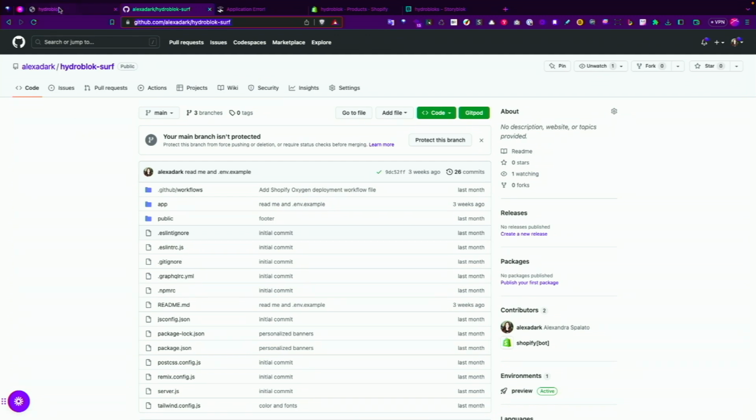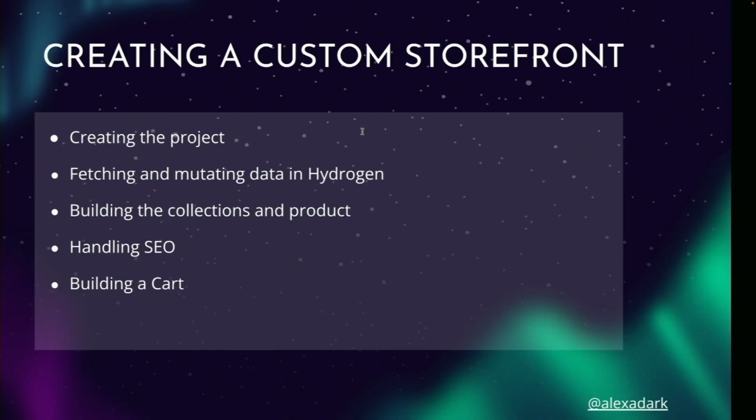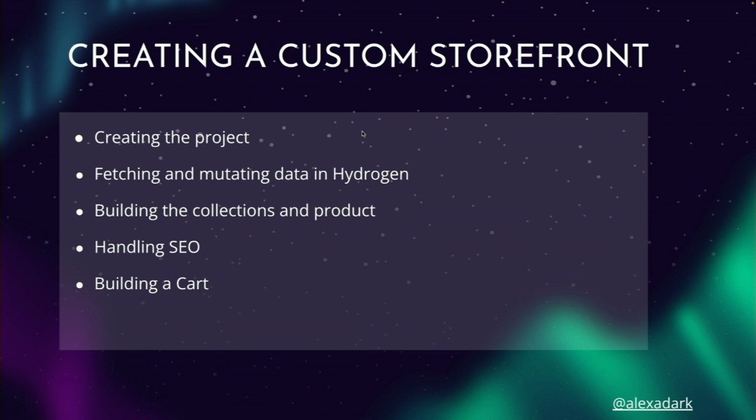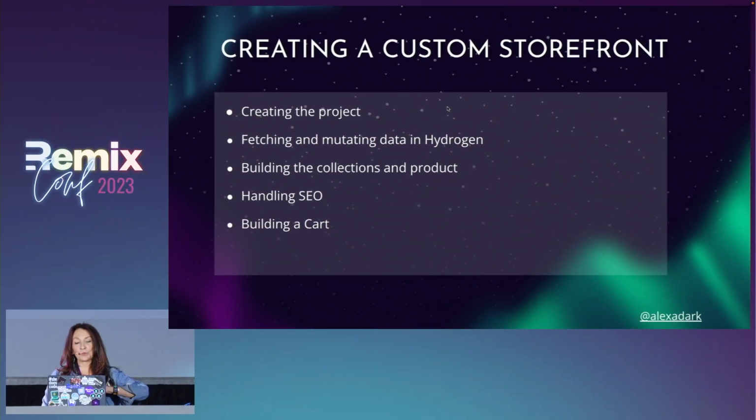So sorry, I cannot show you the whole project, but we can see the code, so that's the essential. So first we are going to create the project, then I take some water. Then I will show you how to fetch and mutate data, how to build the collection and product, how to handle SEO, and the biggest and most complex part, how to build a cart.